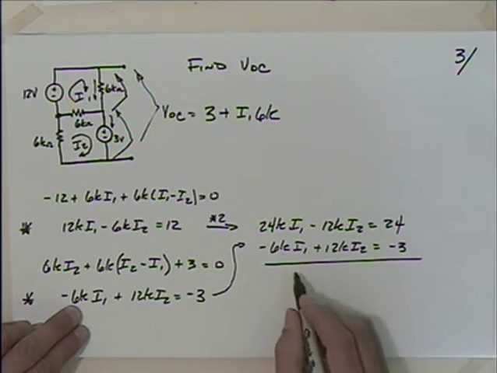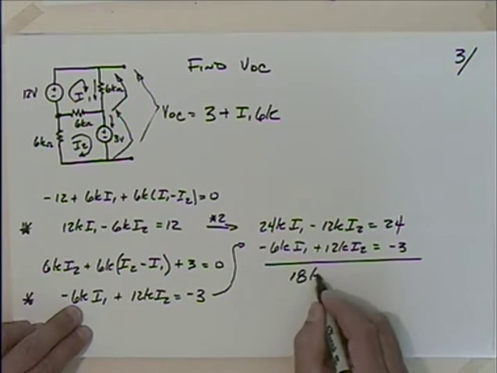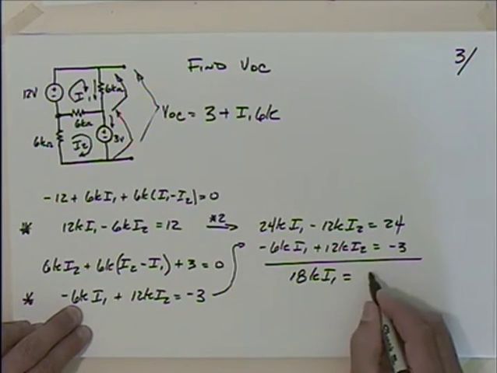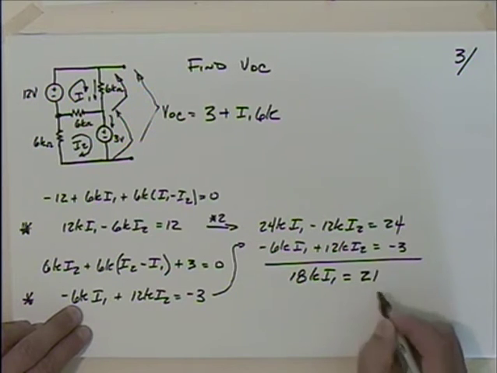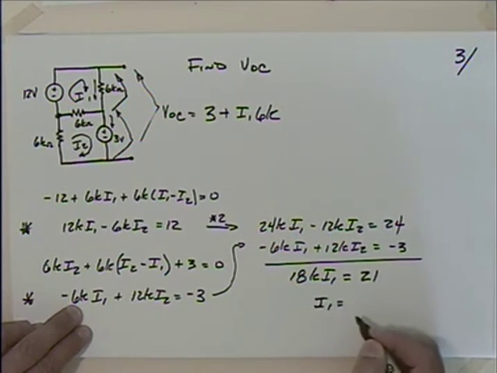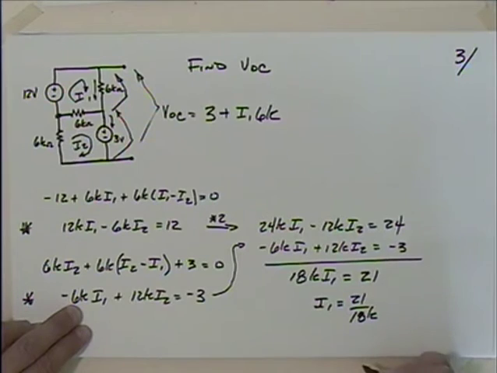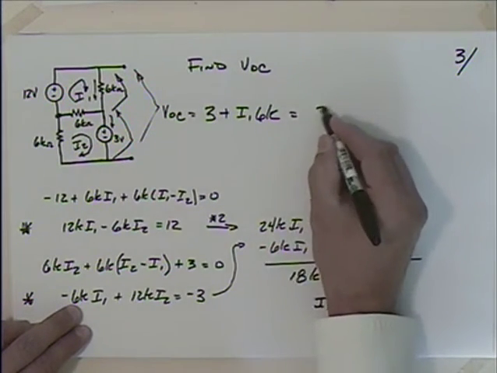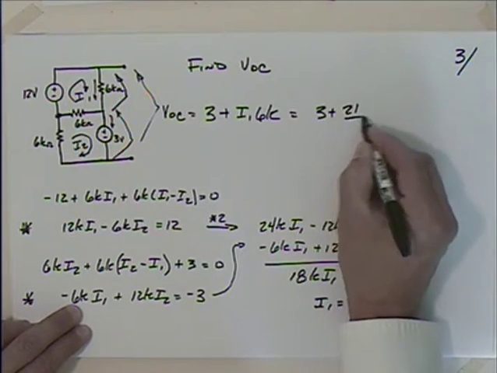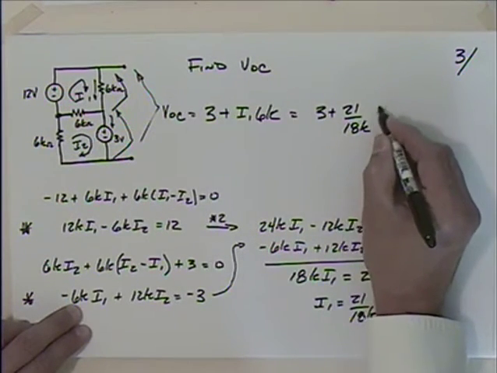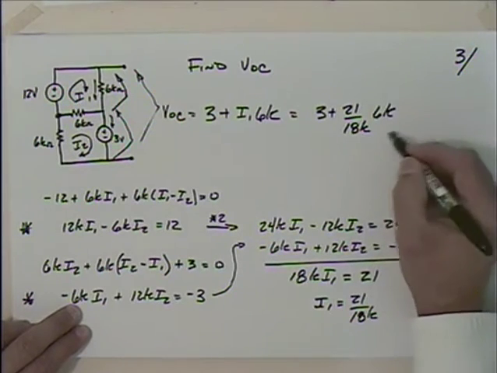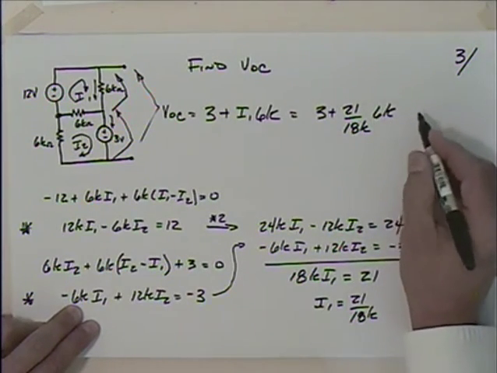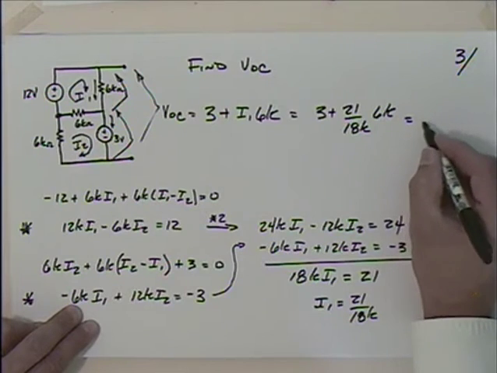That's good. And I've got 18k I1 is equal to 21. So I1 turns out to be equal to 21 over 18k. I guess that's good enough. So I'll run that up into here. So we have 3 plus 21 over 18k times 6k. The k's cancel. In fact, I have 21 over 3, which is 7, which gives me 10 volts?